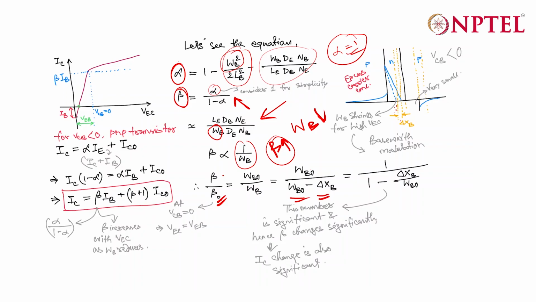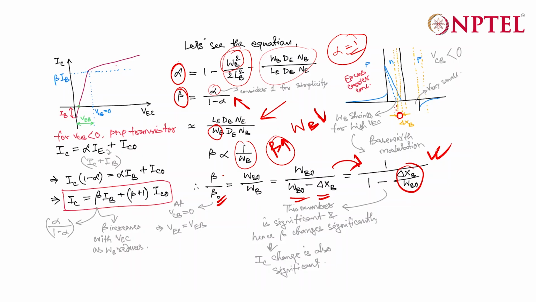Del XB is nothing but the reduction in the WB due to the reverse bias. And this again can be written as 1 divided by 1 minus delta XB by WB0. Now this particular term is significant, and hence the change in the IC will also be significant.